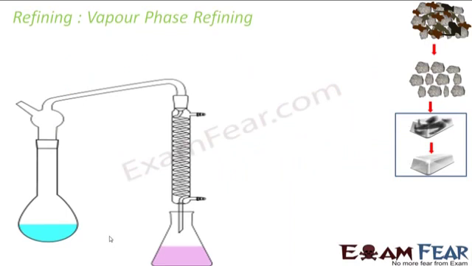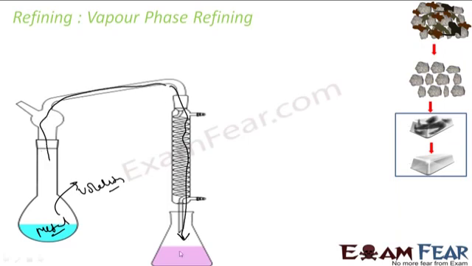So next is vapor phase refining. In this, the metal is converted into its volatile component, and it is collected somewhere else. For example, there is a metal here. So we somehow make it volatile. If it is volatile, it will cross this path, come somewhere here, and you will get this component.